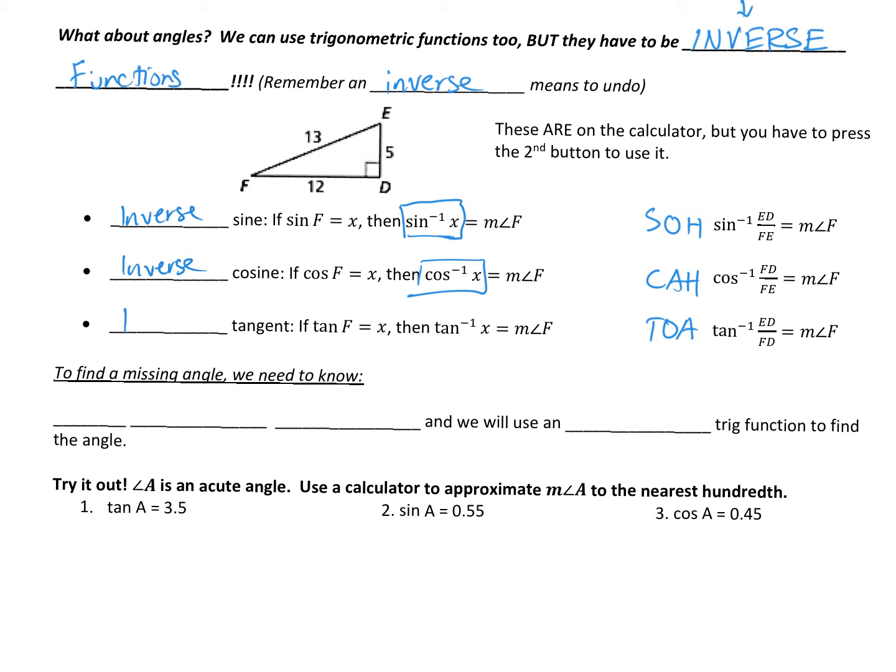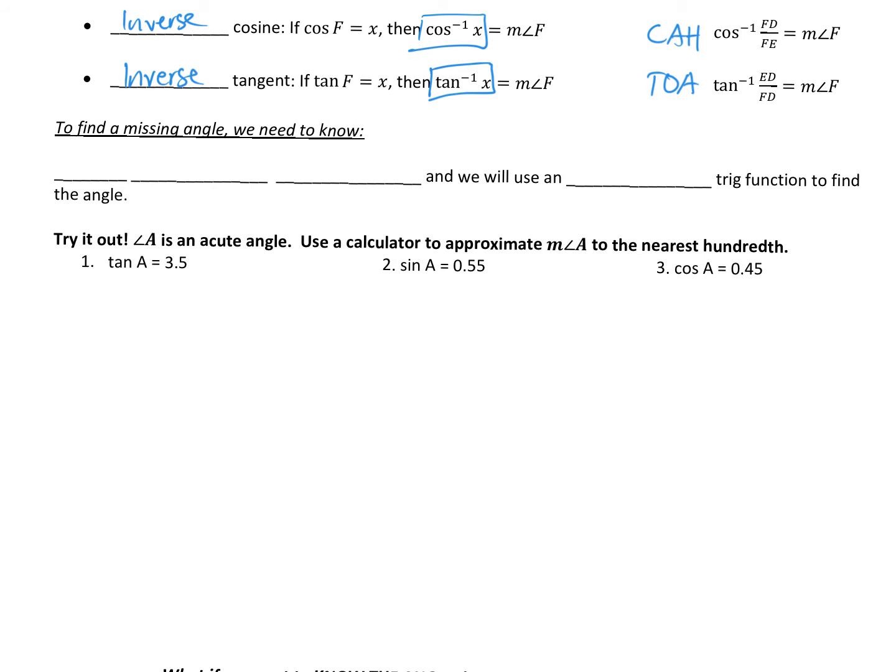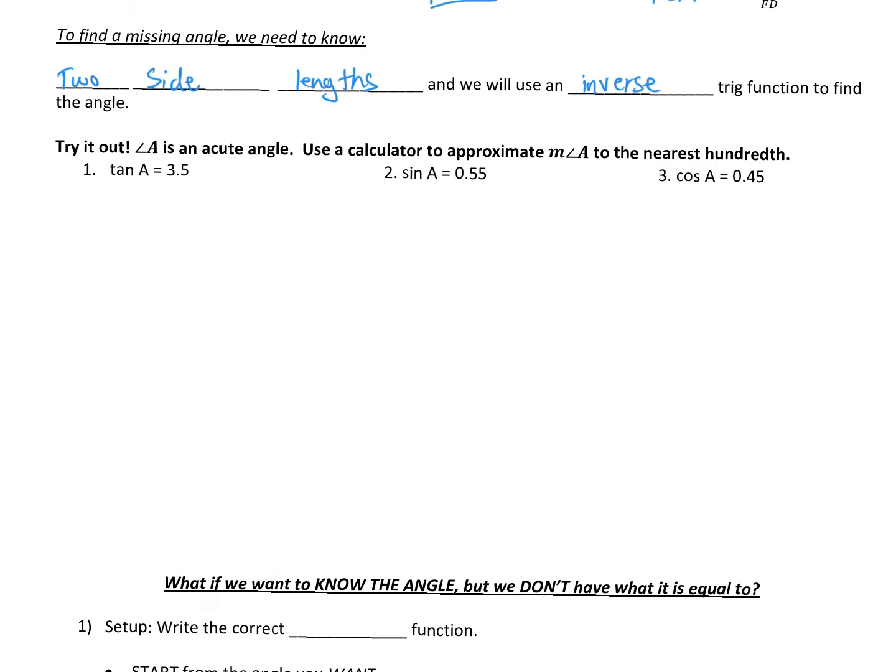And the inverse of tangent is the tangent to the -1. So to find a missing angle, we need to know two side lengths, and we will use an inverse trig function to find the angle. So let's try it out.